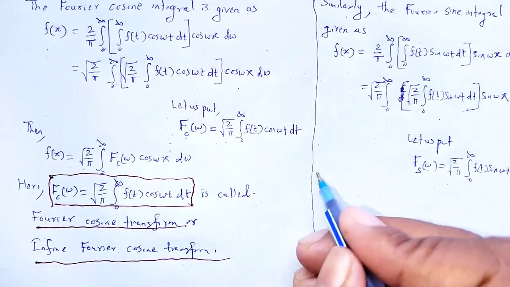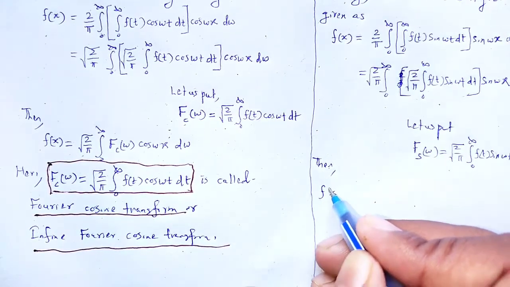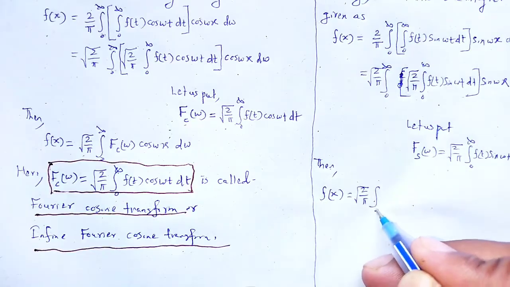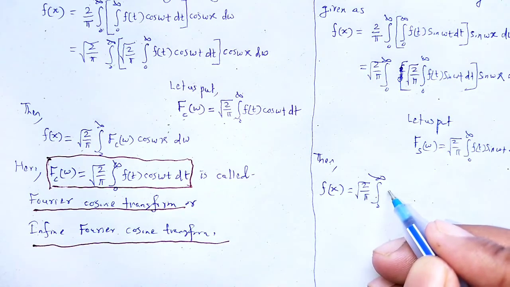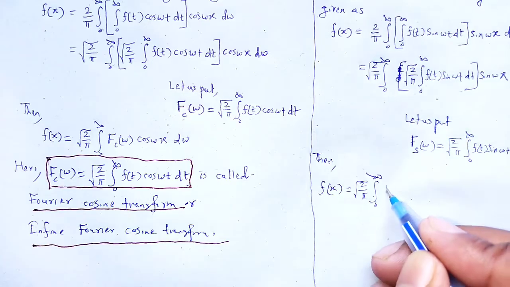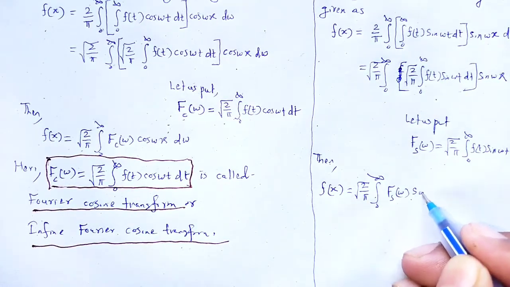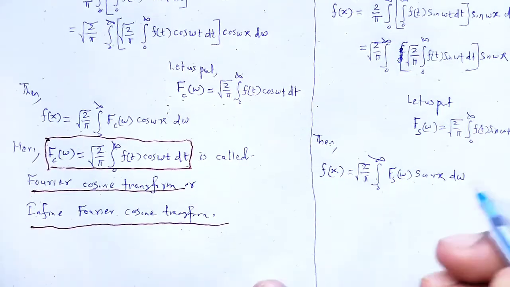Then the given function f of x, which is equal to 2 by pi under root integration over 0 to infinity, that changes to f of s omega sin omega x d omega.